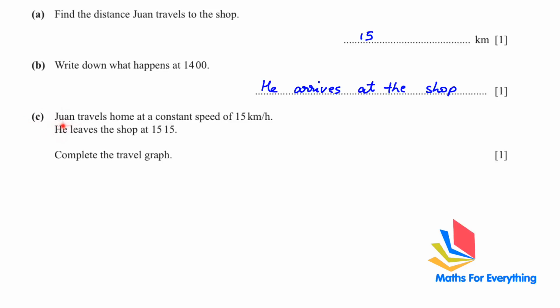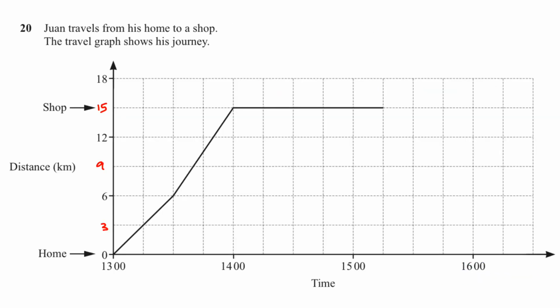Part C. Joanne travels home at a constant speed of 15 km per hour. He leaves the shop at 15:15. Complete the travel graph. We need to find the time. The speed is 15 km per hour.